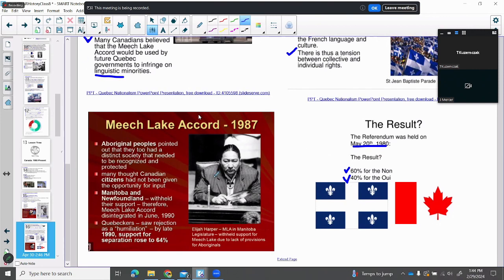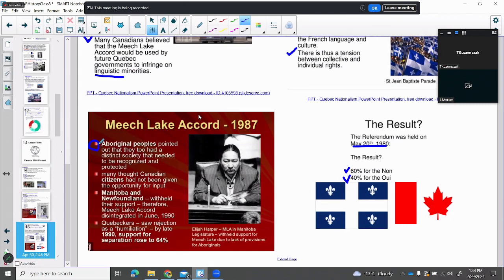So here on the bottom of the slide, that is Elijah Harper. This was taken in the Manitoba legislature. He was withholding his support for Meech Lake due to lack of provisions for Aboriginals. Here are some key points.